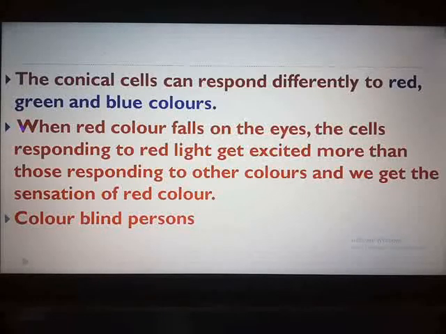They are not actually blind, but they lack some conical cells which respond to certain colors. Apart from not being able to distinguish between different colors, their other eyesight is quite normal.